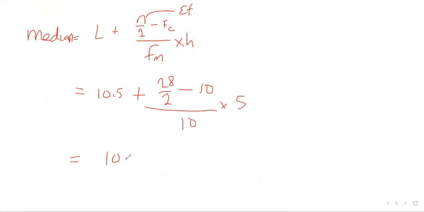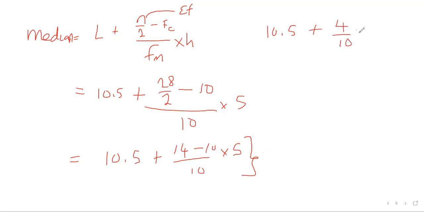So we have 10.5 plus 14 minus 10 over 10 times 5. So 10.5 here plus 4 over 10 times 5.